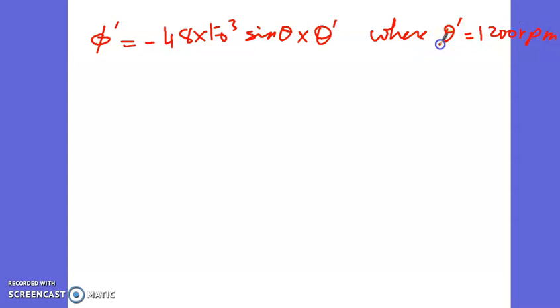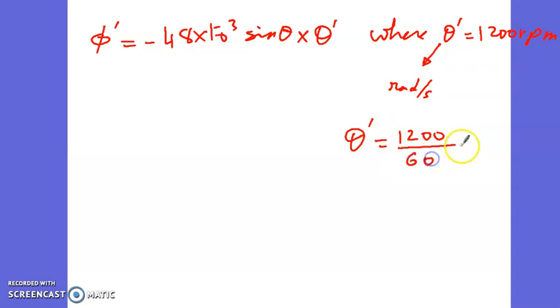But you know that theta prime must be expressed in radians per second. So let's change theta prime. Theta prime equal 1200 per minute, meaning over minute, we change it into second. So it becomes 20 revolutions per second. Multiply by 2 pi, you get theta prime equal 40 pi radians per second.